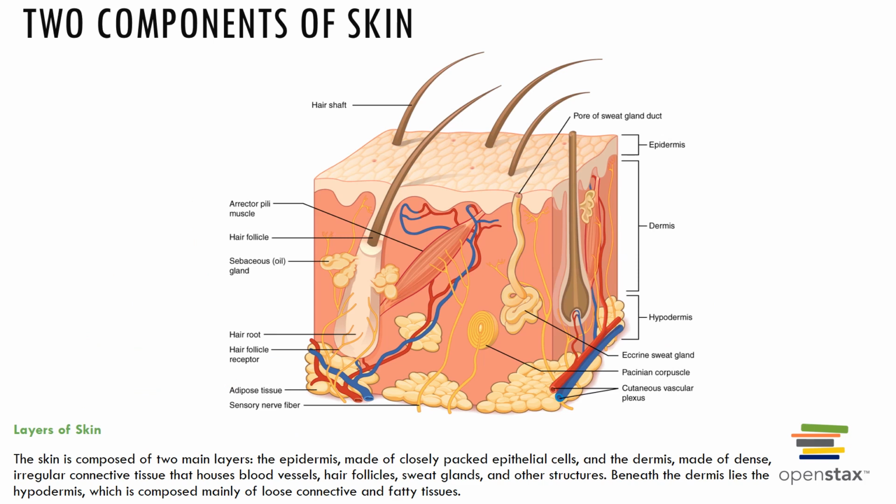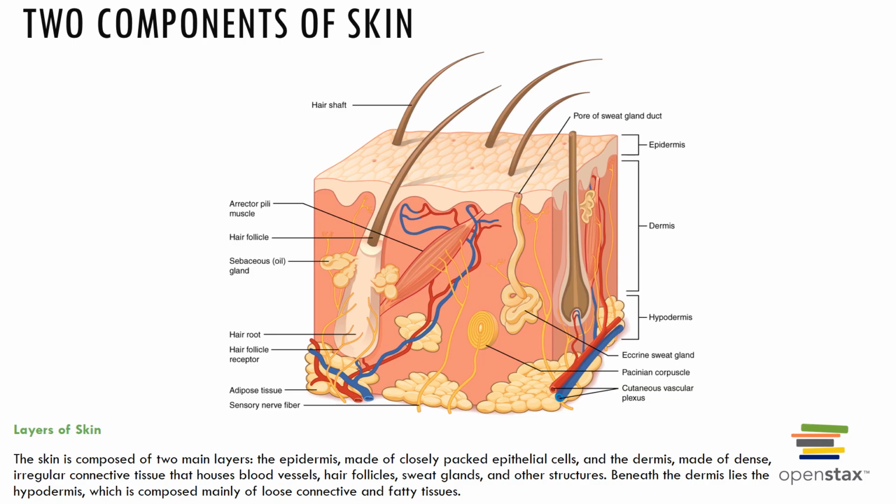Now, there are two main layers of the skin, the epidermis and the dermis. The epidermis is the superficial region. The dermis is the middle region, and we will examine each.